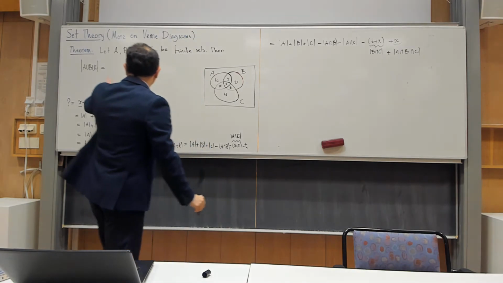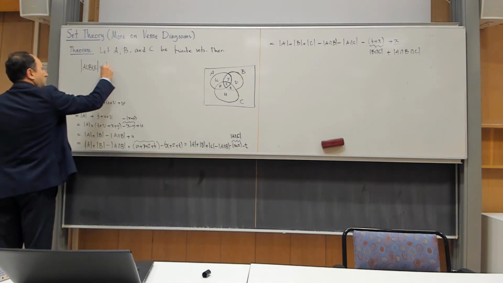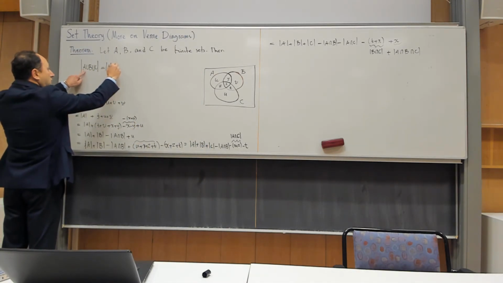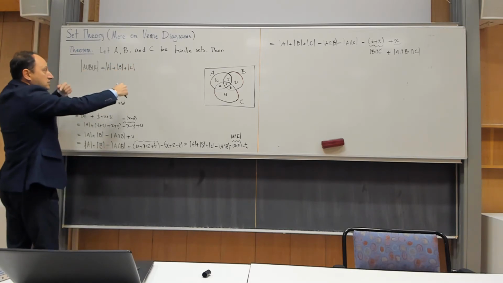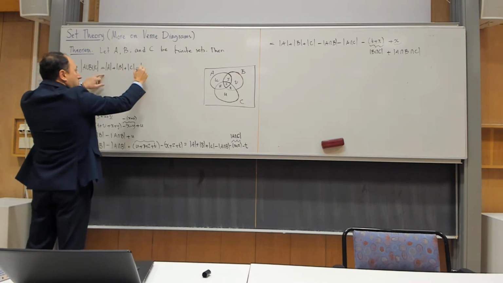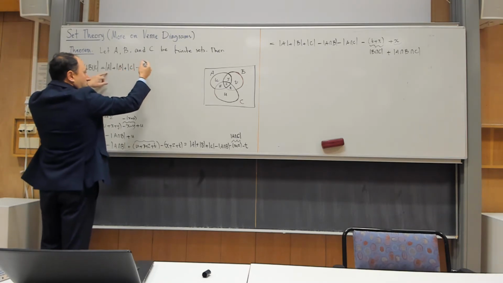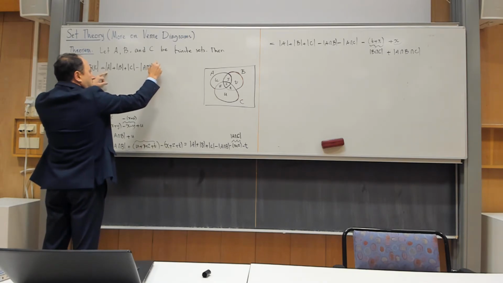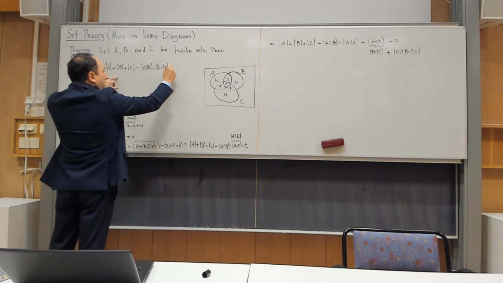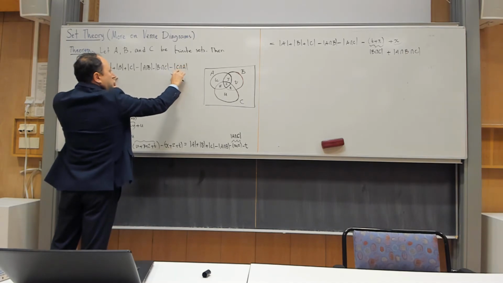So if I want to write this formula here for you, this is the cardinality of the first one plus the cardinality of the second one plus the cardinality of the third one. And the sign changes: minus the cardinality of every intersection of every pair that you can imagine, A and B, B and C, or I don't know, minus C and A. The order is not important.